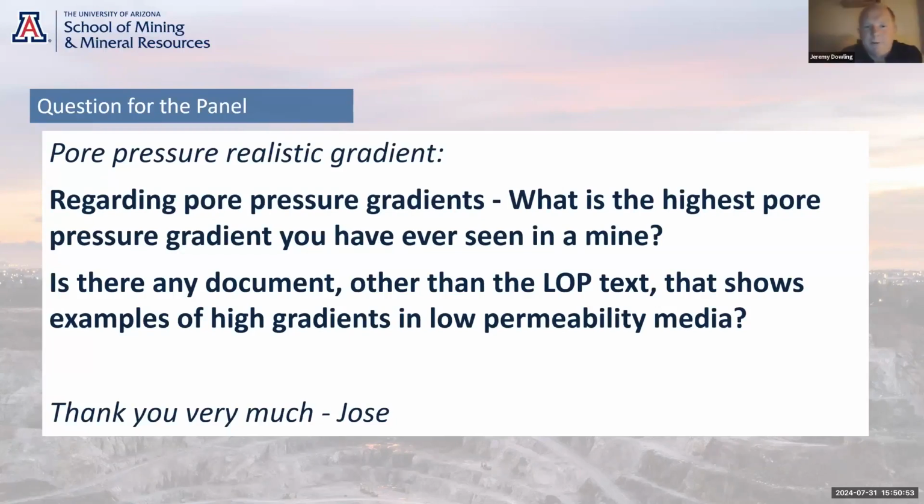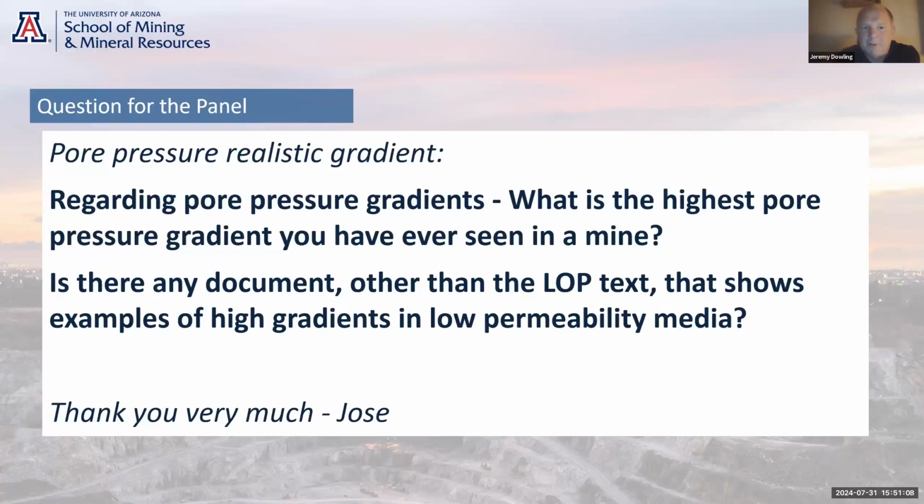You can actually get quite strong downward vertical gradients in low permeability rock mass too, especially if there are coupled hydrogeomechanical processes affecting the gradients.